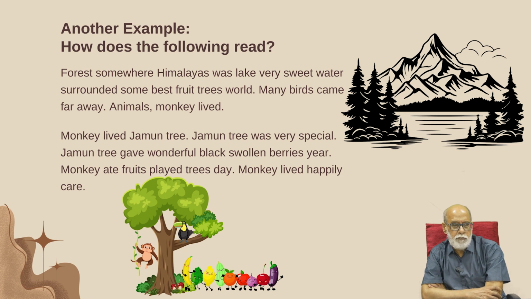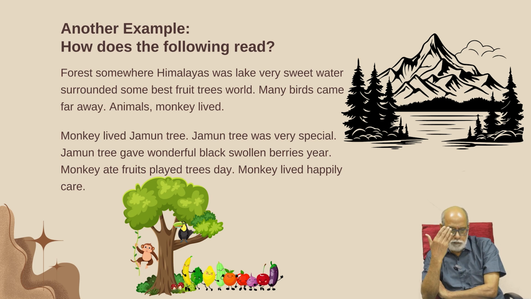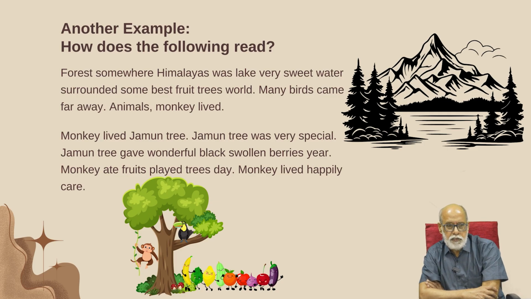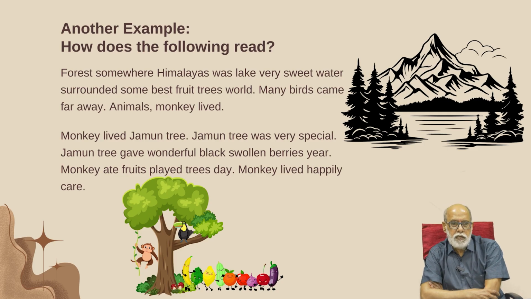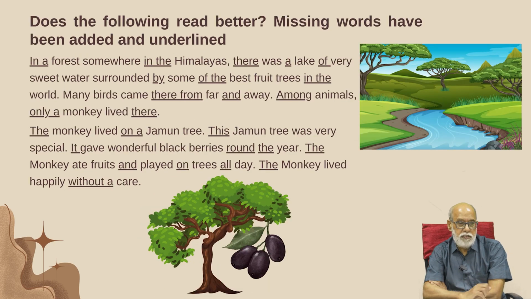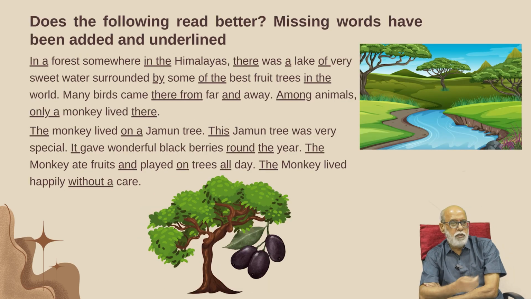Monkey lived jamun tree. We do not know if he lived on the tree, under the tree, or away from the tree. Jamun tree was very special. Jamun tree gave wonderful black swollen berries here. Monkey ate fruits. But when we use these devices, then they become a story. They become the meaning that the writer wants to say.